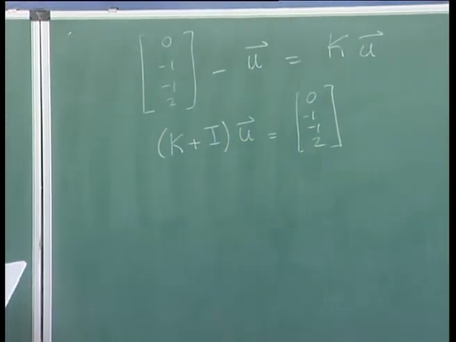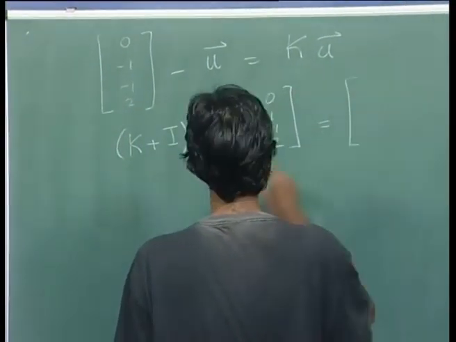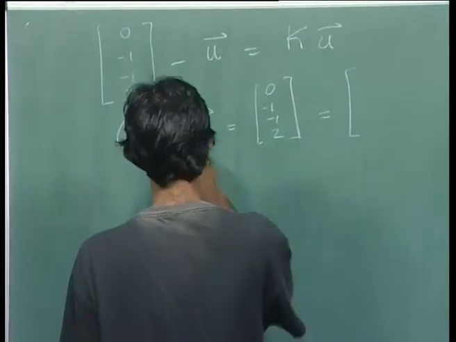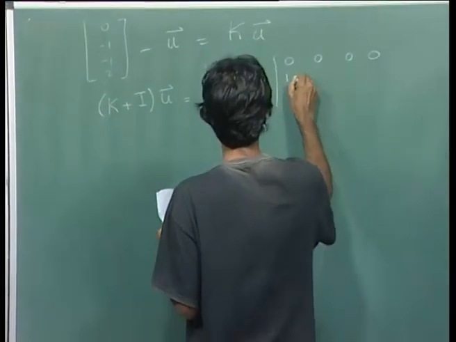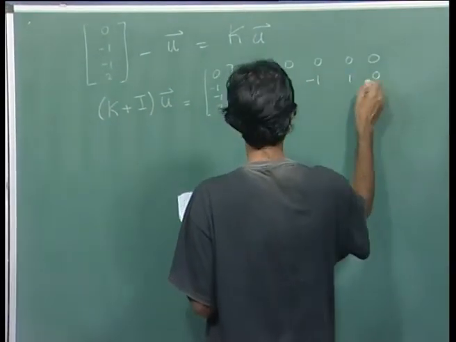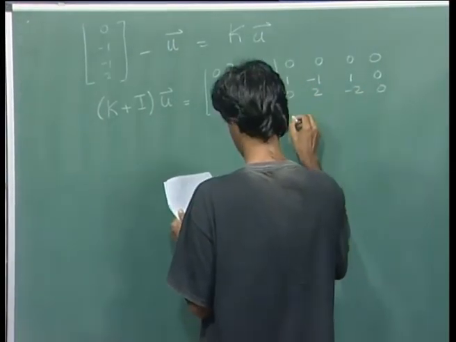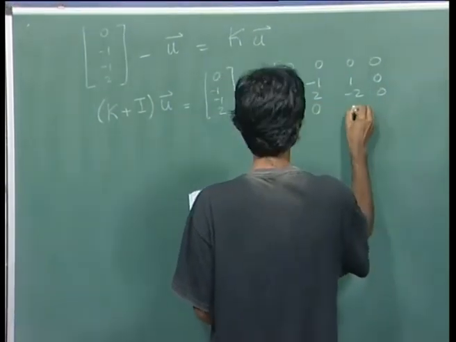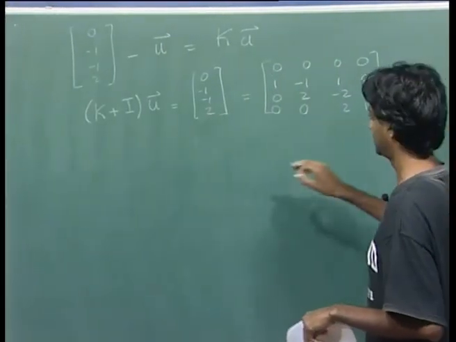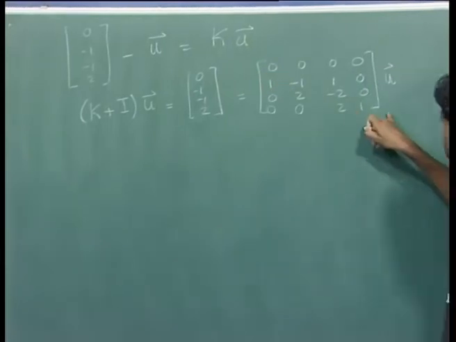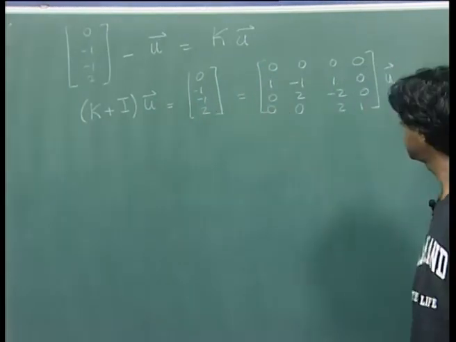And since you already know the value of k, if I do k plus identity, I will get 0 0 0 0, 1 minus 1 1 0, 0 2 minus 2 0, 0 0 2 1. So this is the matrix, and when I take k plus identity, I get exactly this matrix.